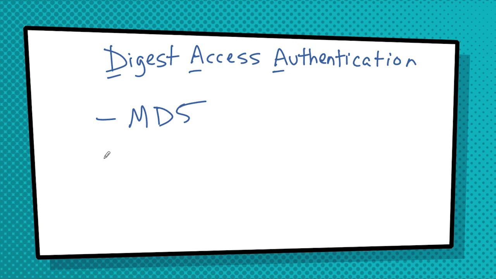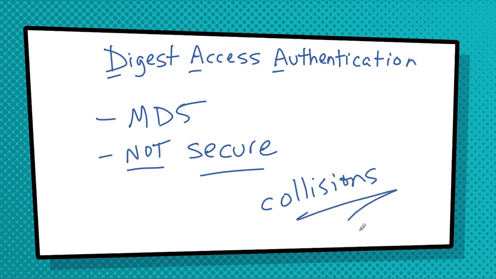It includes some additional features like a nonce and protection against replay attacks. However, you want to know that MD5 is not secure, right? Digest access authentication with MD5 is considered insecure, because it has a whole bunch of possible collision attacks, and of course it's a weak hashing algorithm, right?